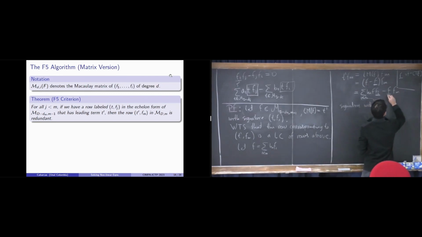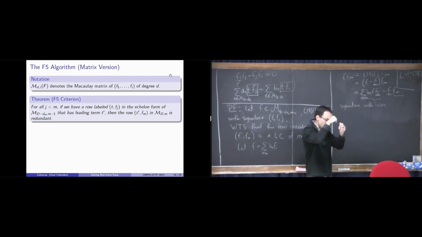And here, if we expand F underbar, all the monomials that appear there are less than T prime.